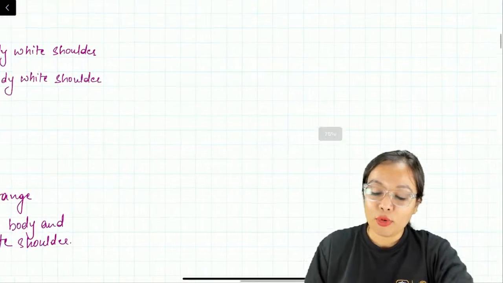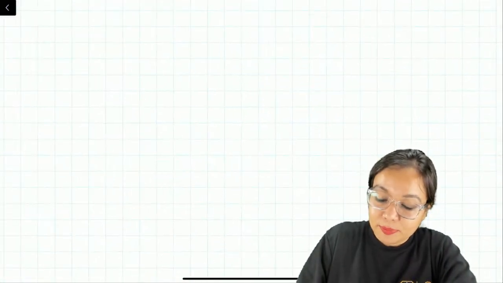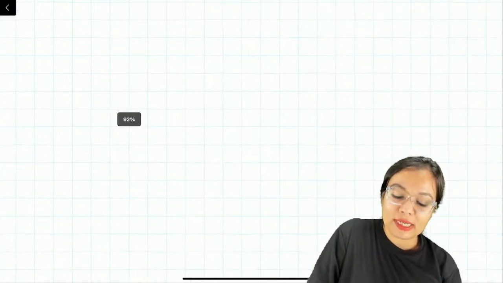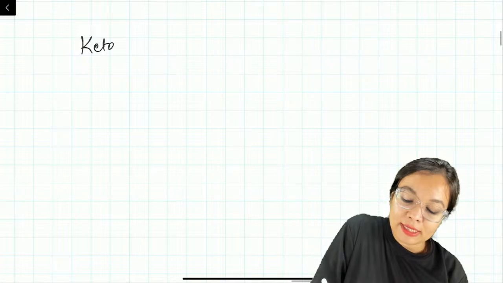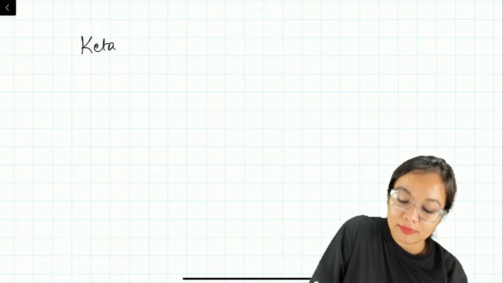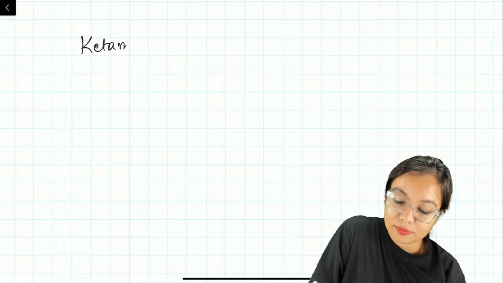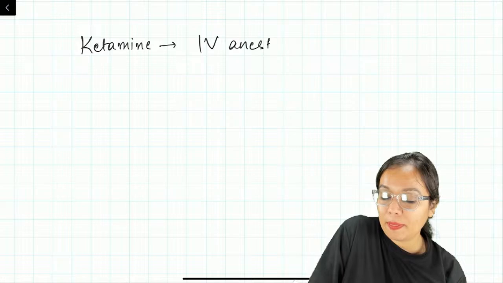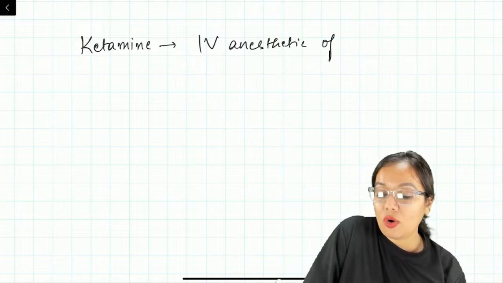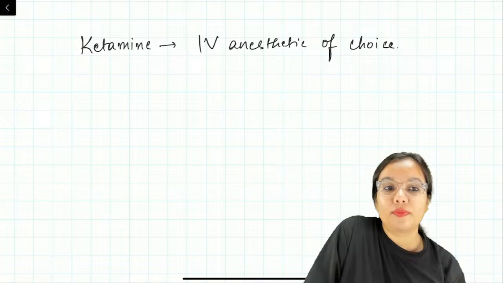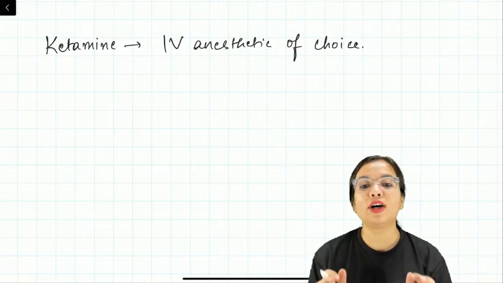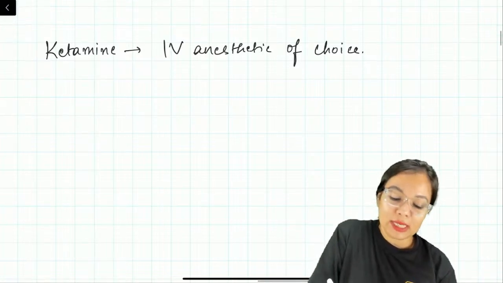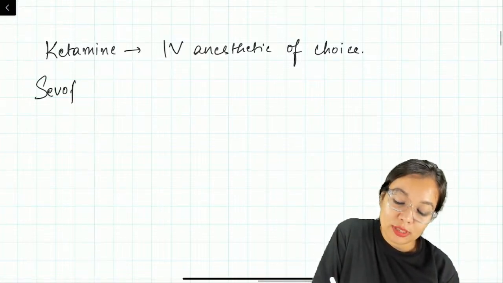Now, some more facts that I want you all to know. The IV anesthetic of choice in children is always ketamine. The inhalational anesthesia of choice in children is sevoflurane.